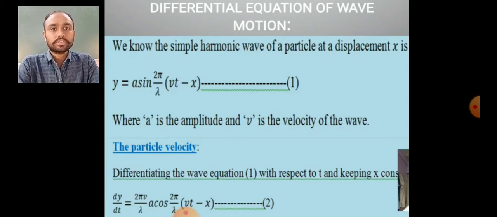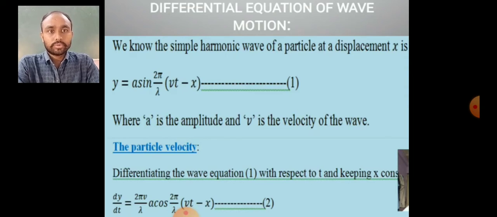We cannot only talk about the motion, we must have some mathematical proof to show that the motion exists. So in that way we can represent our wave motion in the form of a differential equation. The final conclusion will be that this equation is for the wave motion. So we will start this article.